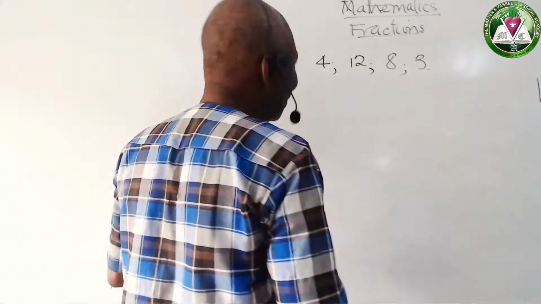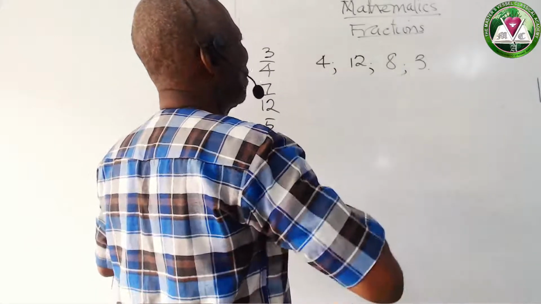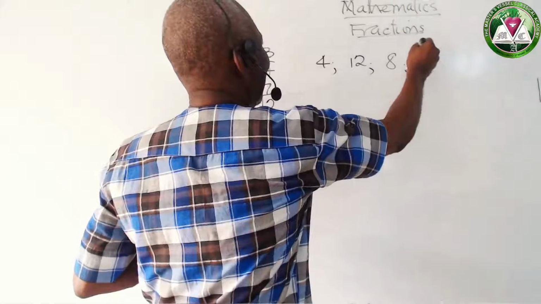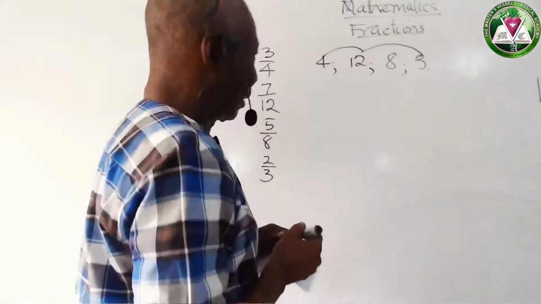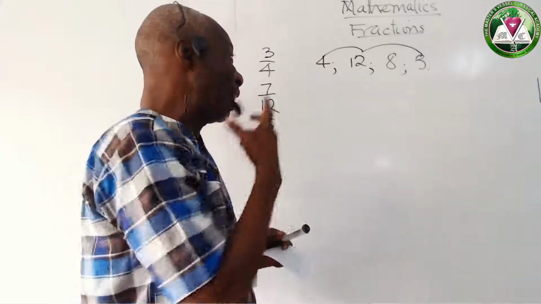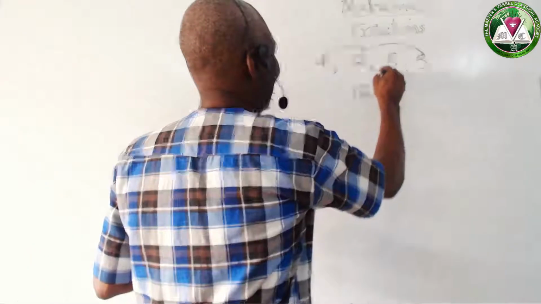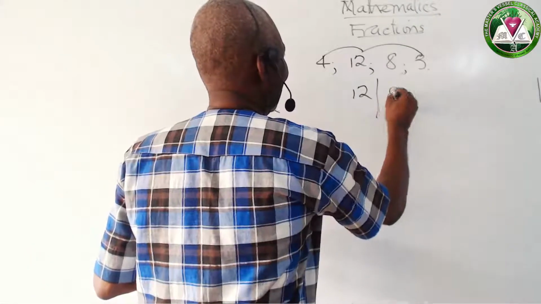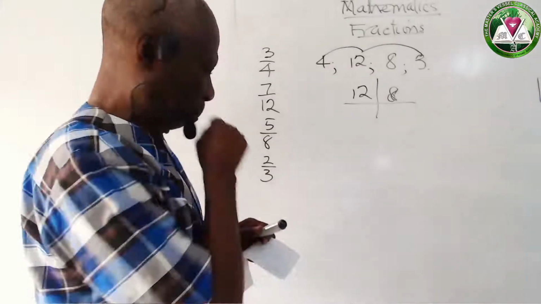All right. Let us look at this properly. If you look at 3, 12, 4, those 3 numbers, their LCM is 12. Then what about 8? I now have 12 and 8 to look for the LCM.